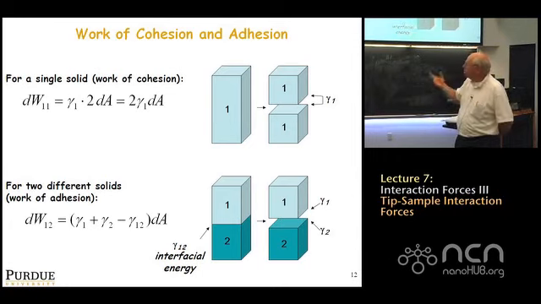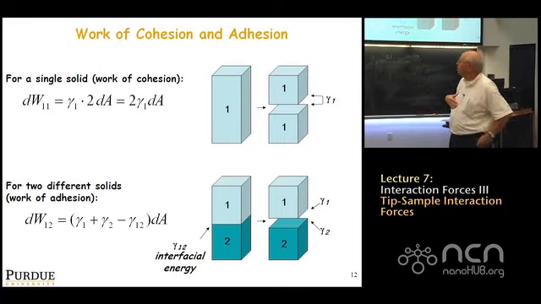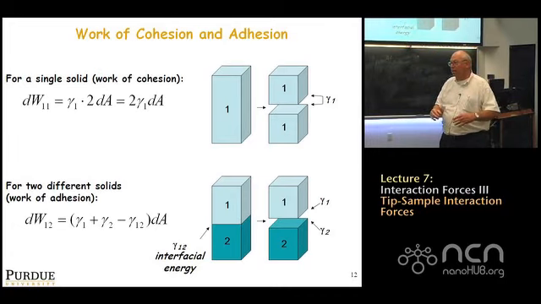Because if I have a solid, let's call it solid number 1, and I split it to produce 2 surfaces, then the energy required to split that solid to make those 2 surfaces, well, I pick up a surface energy gamma 1 for the top surface, I pick up a surface energy gamma 1 for the bottom surface. The total area I create is 2, right? So the work required is going to be just 2 gamma 1 times the area that I produce, right?